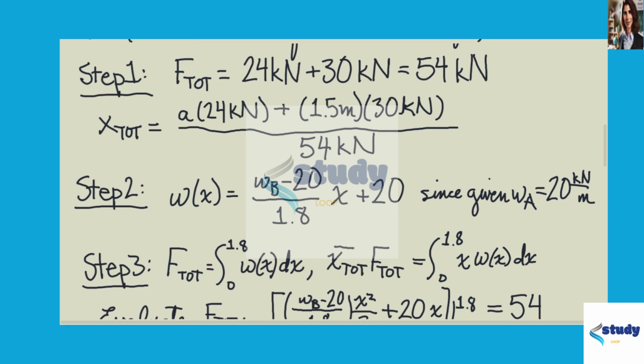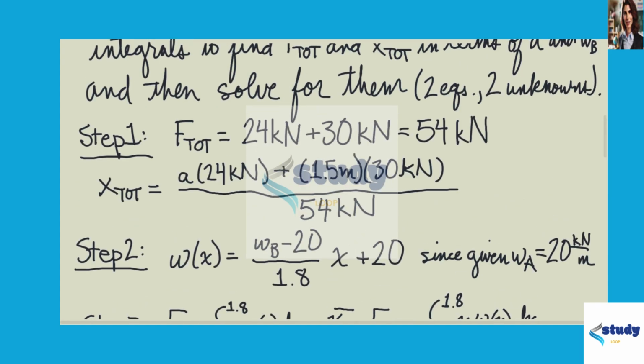But basically, that's the moment arm measuring from far left of the left force vector of 24 kilonewtons plus the moment arm from far left of the right force vector, and it's 1.5 meters from far left. It has a magnitude of 30 kilonewtons, and we're going to divide that by the total load. Since we don't know what A is, that's something we'll have to solve for. We have to leave the equation in this form.